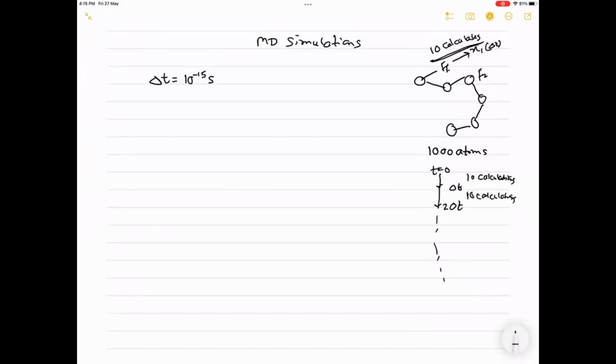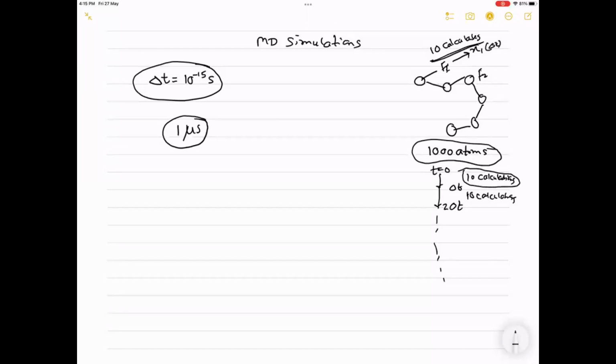Now suppose I want to look at how the different atoms of this biomolecule are moving over a period of 1 microsecond. If I want to do a computer simulation of this biomolecule using MD simulation for a total time period of 1 microsecond, where I have to choose the time step delta t of 10 to the power minus 15 seconds, there are 1000 atoms in this molecular assembly, and the calculation of successive positions requires at least 10 calculations.